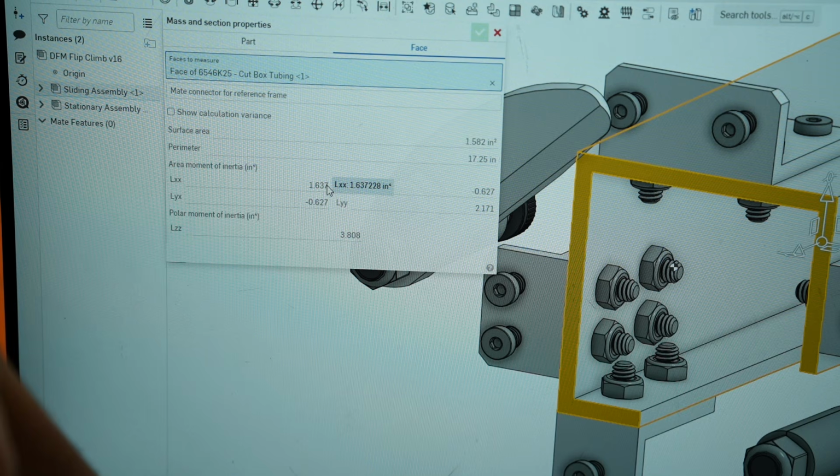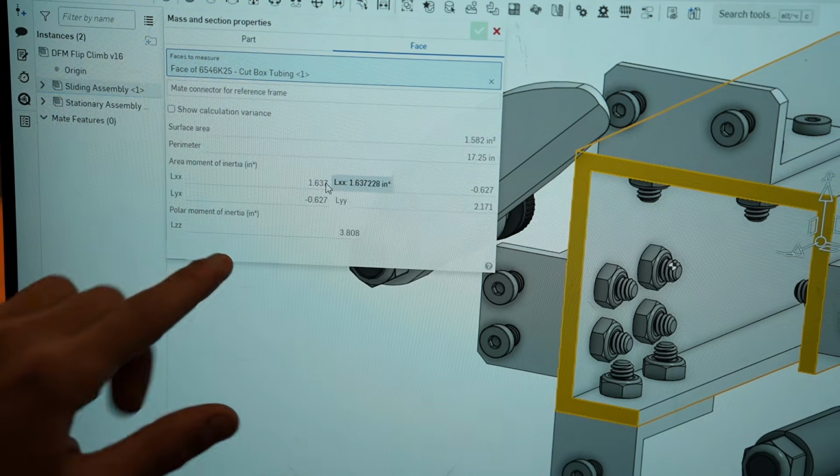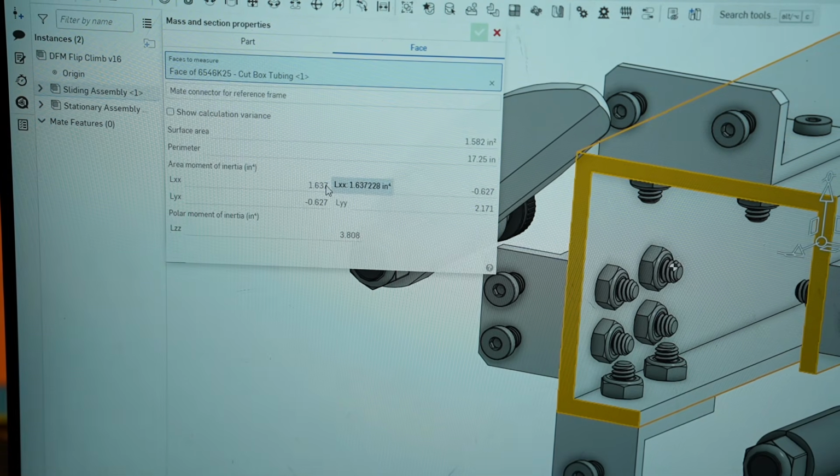Yeah, right? 3.7, but yeah. Slipped out. So our resistance to bending is going to be 1.637, and our polar resistance is going to be 3.808. So that's going to be our I, and that's going to be our J, if we can look back at the paper. Oh, yeah.